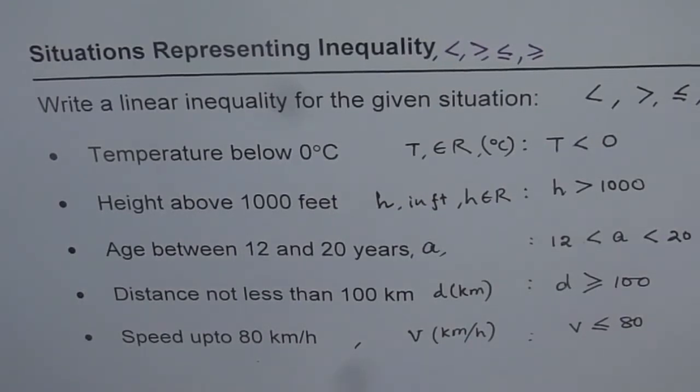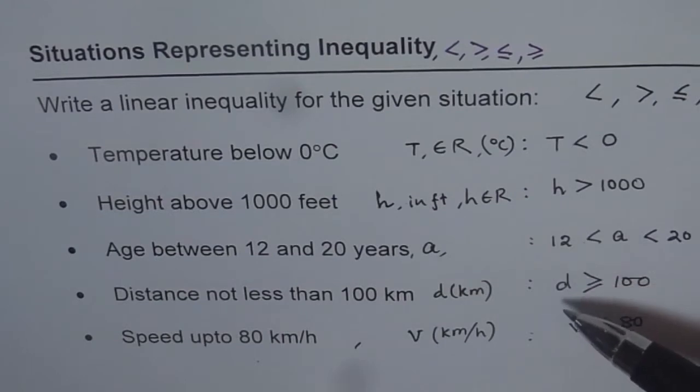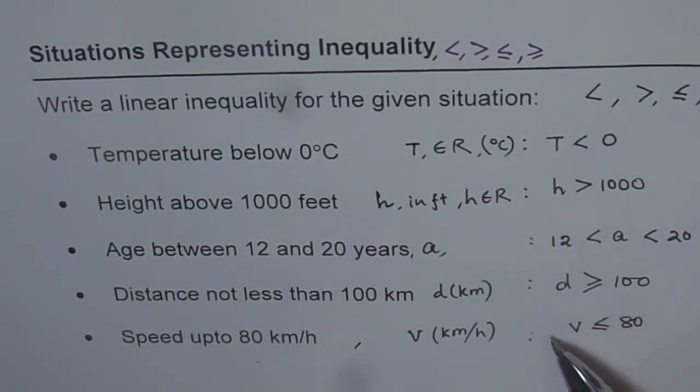Now, I'm not getting into details of lower bound because we know speed will always be positive, distance is always positive, so we know it is from 0 to 80, and the distance in this case is from 0 to 100. But we are not getting there now. We are translating what is given to us. In some practical problems, we may have to, and we should, write down the limits also.